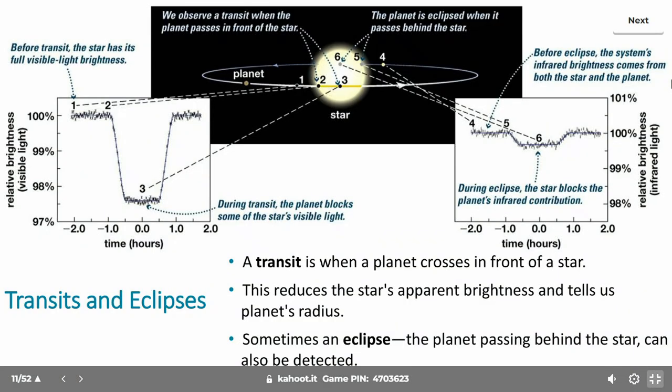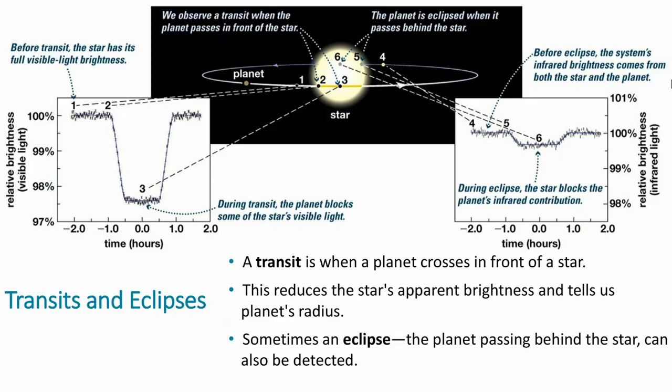Here's that kind of geometry in a still image. In positions 1 and 2, the planet is not really blocking any of the starlight. Then in position 3, it's blocking the maximum amount of starlight. Then it goes back to not being in front of the star.